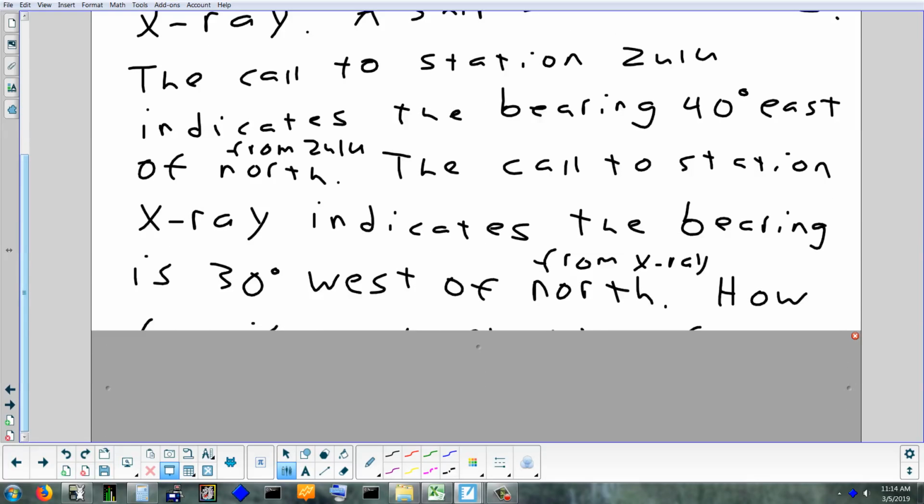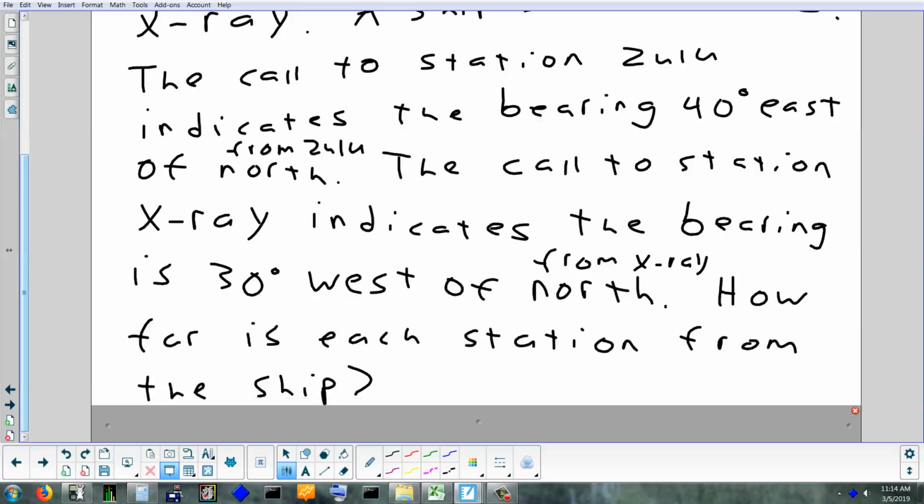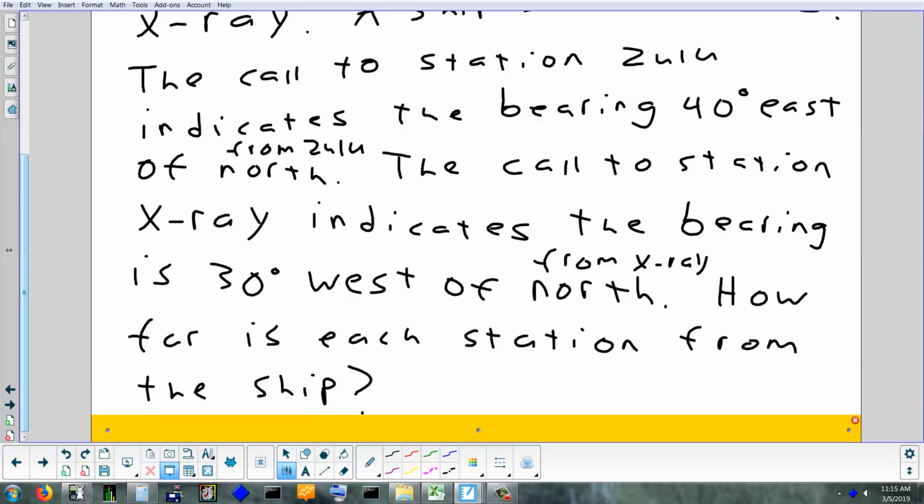Now this also assumes the boat isn't drifting, because if the boat was in a current, it would be moving the whole time, so the distance would change. But we'll assume the boat is anchored, so it's not really moving. And knowing the distance may impact which Coast Guard station would send help to the boat.